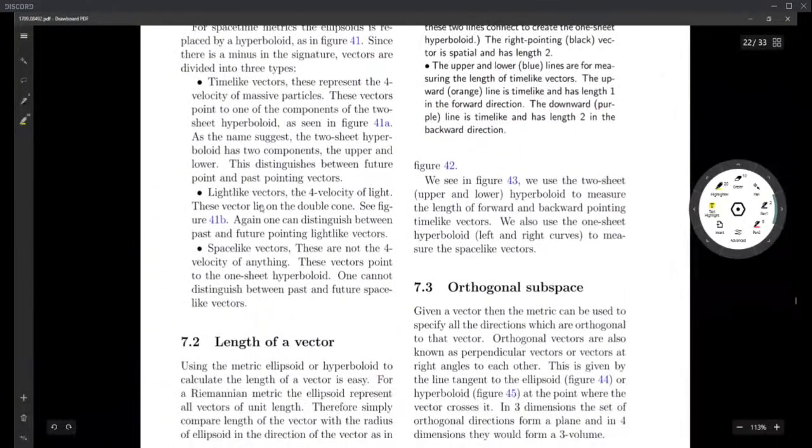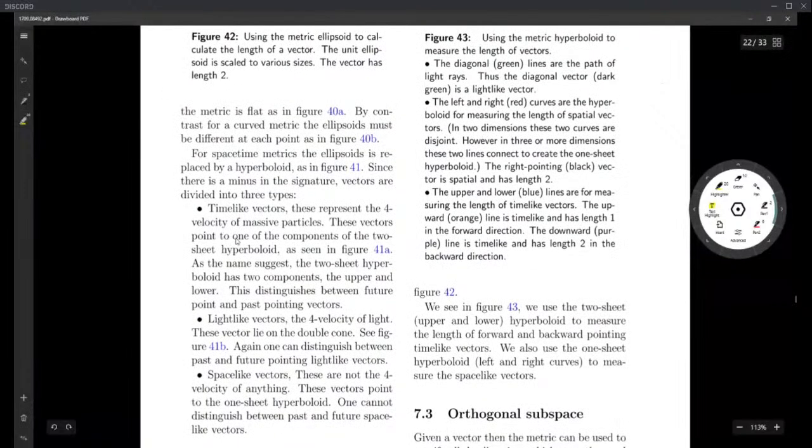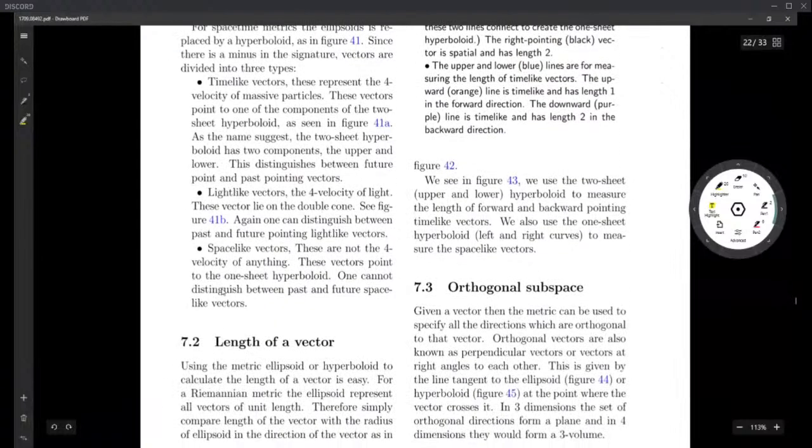And the reason we have three different representations of the same metric in Minkowski space is because these three vectors act in completely different ways. To start off, time-like vectors represent the velocity of massive particles, is what the author is saying. I can't vouch for it, I've not studied it.